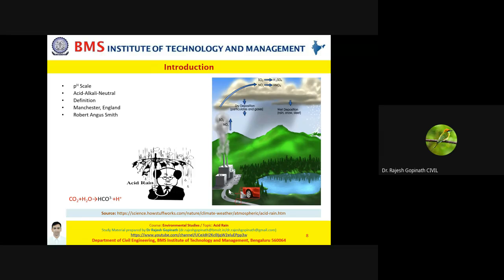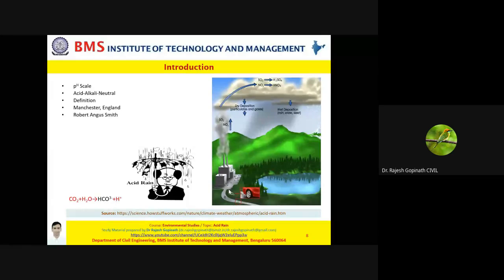Now, when you come to the concept of acid, in your engineering chemistry, you have studied about pH. Probably the most famed definition is that it is the negative logarithm of hydrogen ion concentration, or I would rather put it as the potential of hydrogen ion activity. We have a pH scale which starts from 1 and ends at 14. More than 1 and less than 7 is the acidic range.